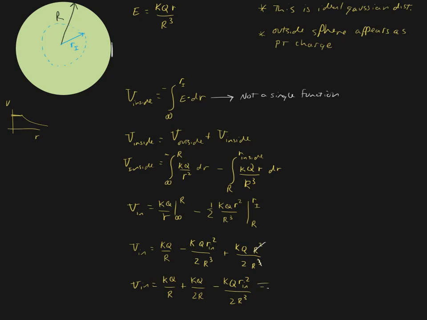And at this point, you're basically done. This is finished. If you wanted to simplify it further, you could simplify it into kQ over 2 capital R times 2 plus 1 minus r inner squared over capital R squared. And of course, this 2 plus 1 becomes a 3 minus all of that stuff.